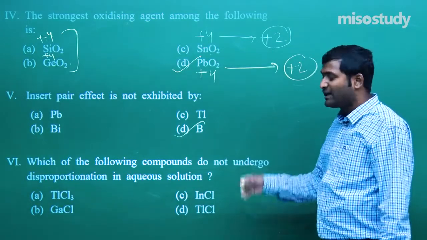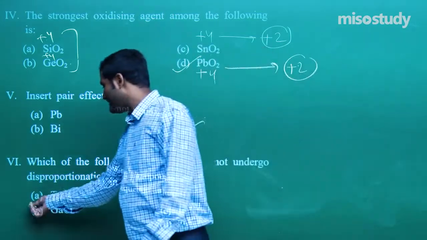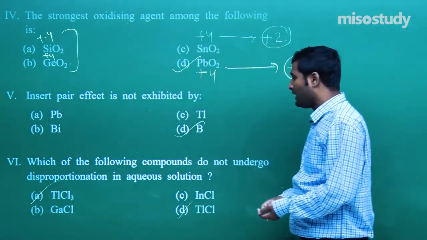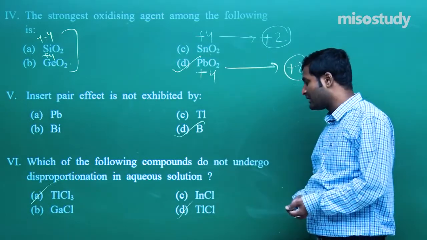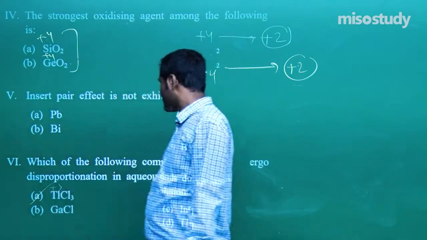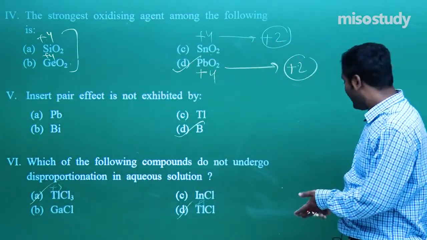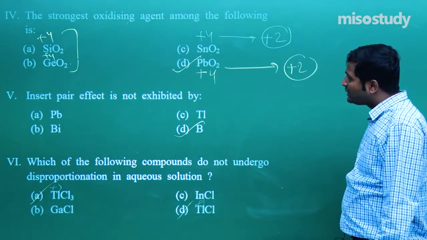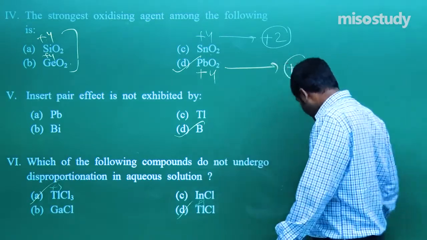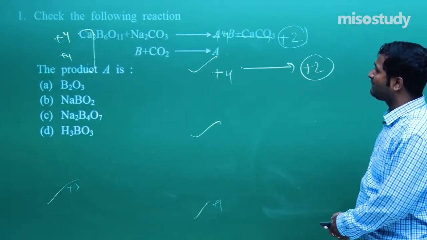Disproportionation needs variable oxidation state, and as we know, TlCl and TlCl3 do not undergo disproportionation reaction. Here is the +1 oxidation state and here is the +3 oxidation state. Clear to you? I think you can solve such questions very easily if you have a strong command of theory. So friend, I think we have completed this topic, and let's review the questions again.